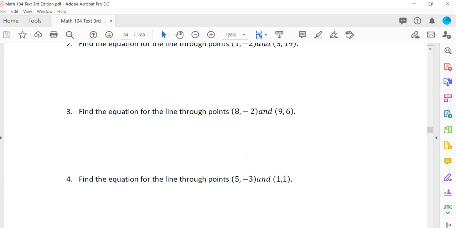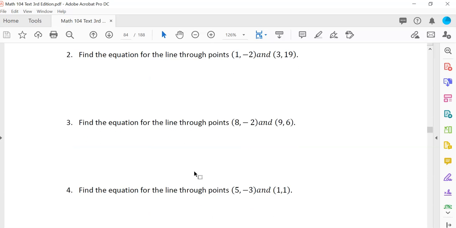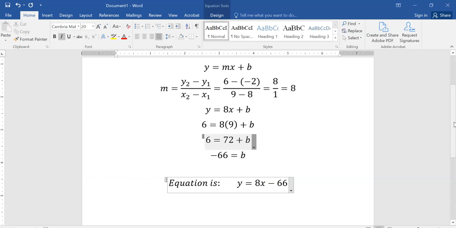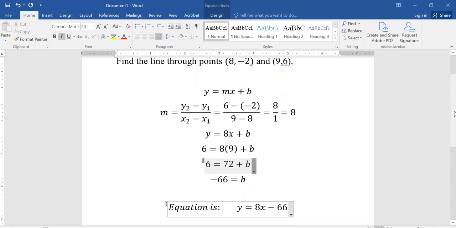So there you go. That's the first 3 problems of the 2-3 at-home practice. You can find solutions to the at-home practice problems for questions 4 and 5 in the back of the book. You simply follow the same format of finding the equation of a line through these 2 points. Start using the slope formula for the slope between 2 points, change in y divided by change in x.